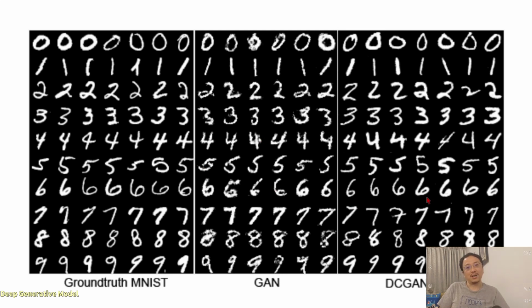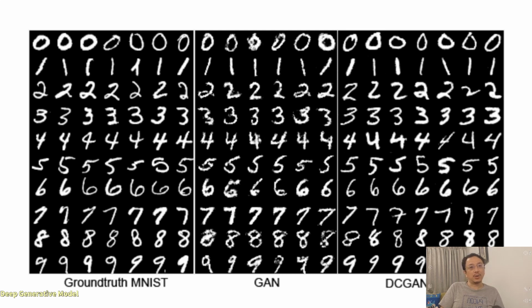However, the DCGAN paper's contribution is still very important, because one of the tricky parts is implementation. For GAN, implementation is a very important thing, because GAN is difficult to train and difficult to implement.